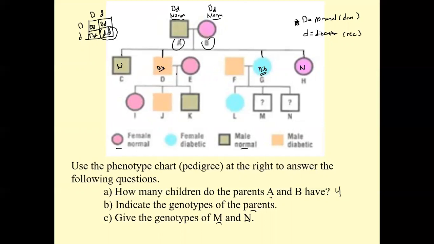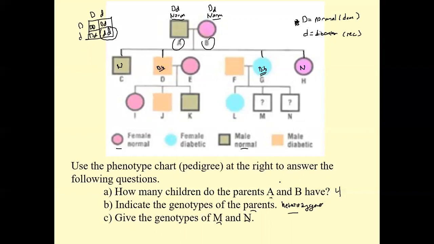I'm seeing it equally in males and females. And that's the only real scenario that I would come up with in my head to make this make sense. There's no chance that that trait just shows up all of a sudden without there being a random mutation. You would have to know that for this problem. So indicate the genotypes of the parents. They would have to essentially be heterozygous.